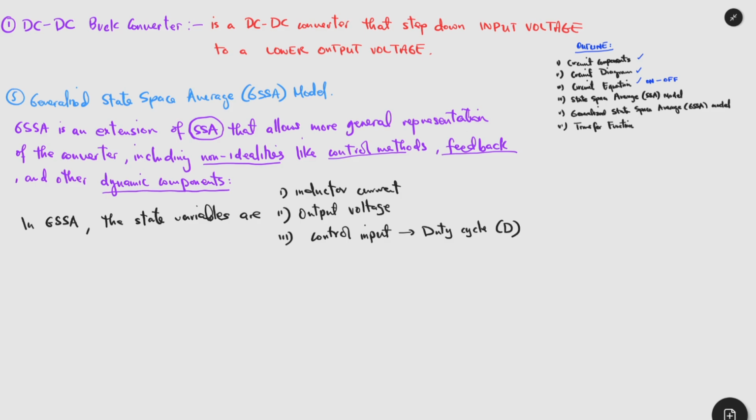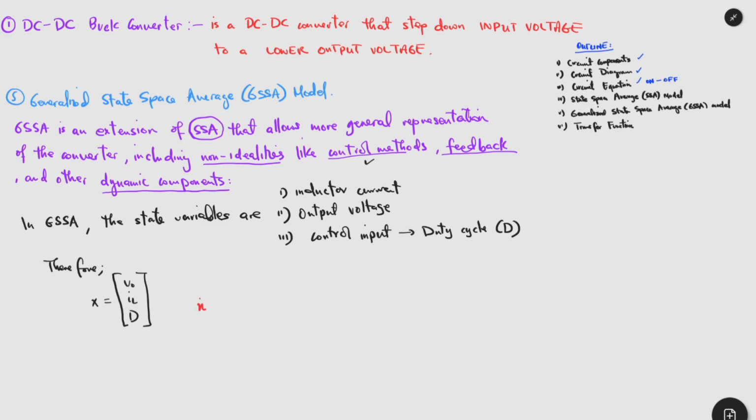Because the control input is the duty cycle, the state variable X is now equivalent to V0, IL, and the control variable D. So we are talking about some dynamic component and having a control method such as the control input, denoted by the D in this equation. Since it is just an extension, we can see which component is an extension to our previous SSA, the state space averaging model.